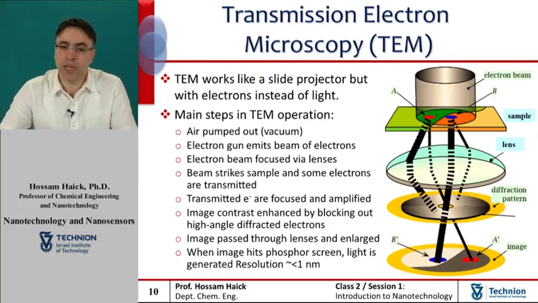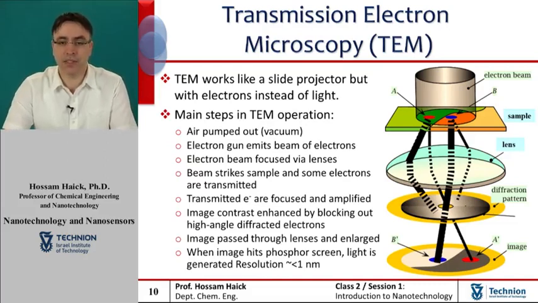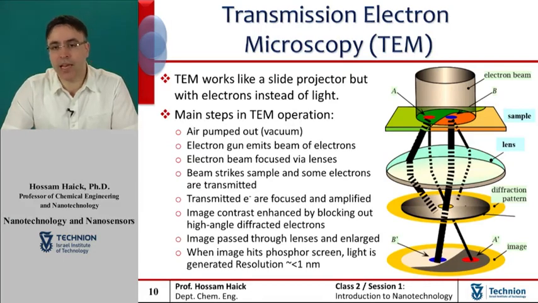The electron column includes elements similar to those in the light microscope. The light source of the light microscope is replaced in the TEM by an electron gun, which is built into the column. The glass lenses are replaced by electromagnetic lenses. Unlike glass lenses, the power of magnetic lenses can be changed by changing the current through the lens coil.